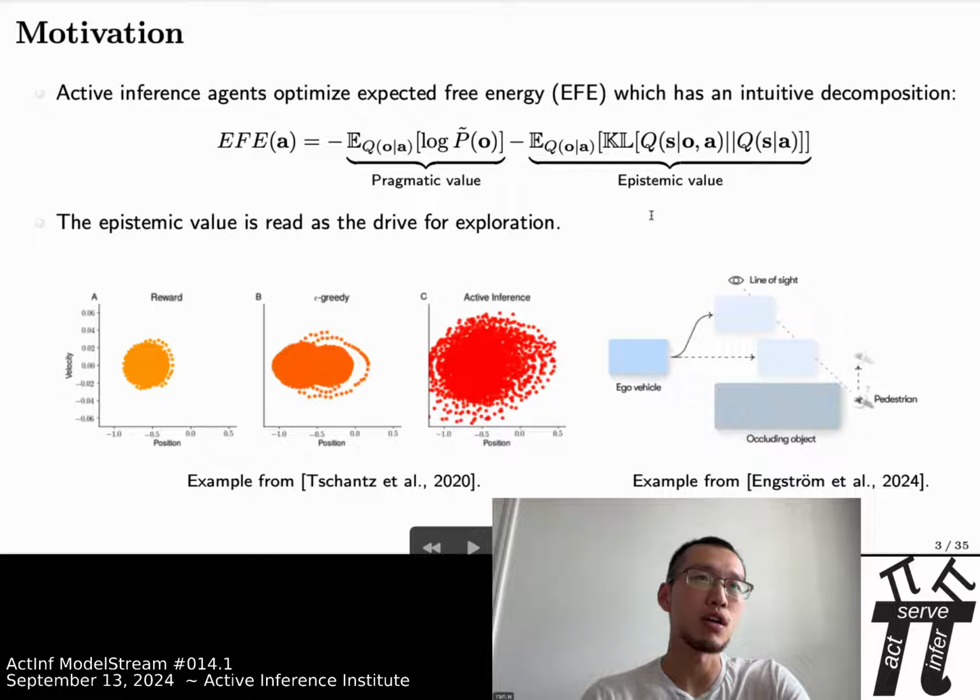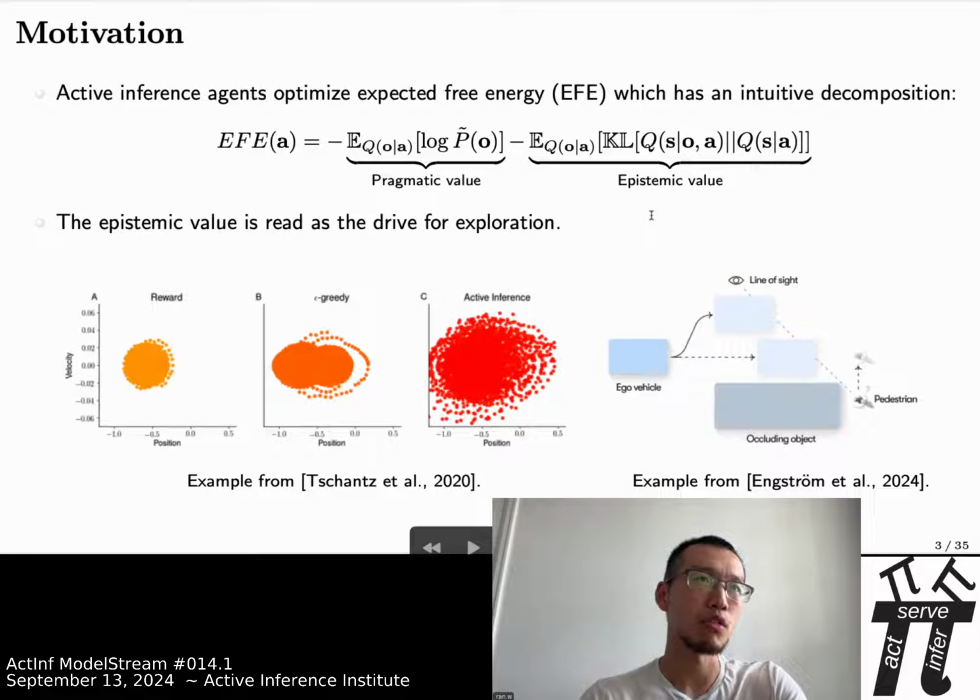This term quantifies how far the future posterior is from the future prior, which essentially quantifies the amount of belief update. So if you optimize this term, it encourages the agent to take actions that lead to a higher amount of belief update, so a higher amount of information obtained about the environment.